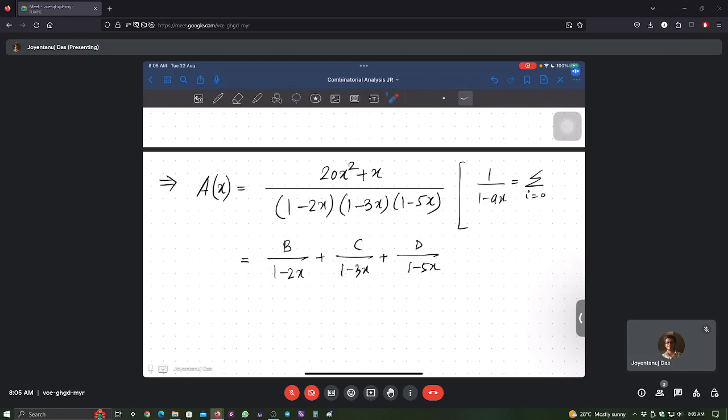I see. So this is called the partial fraction. Now, to solve for B, C, and D, we need three equations, right?